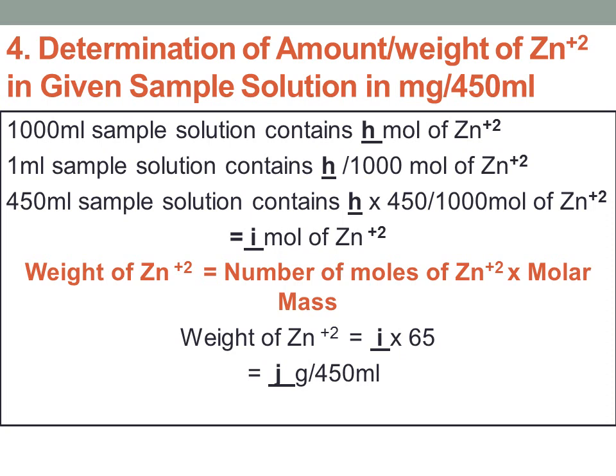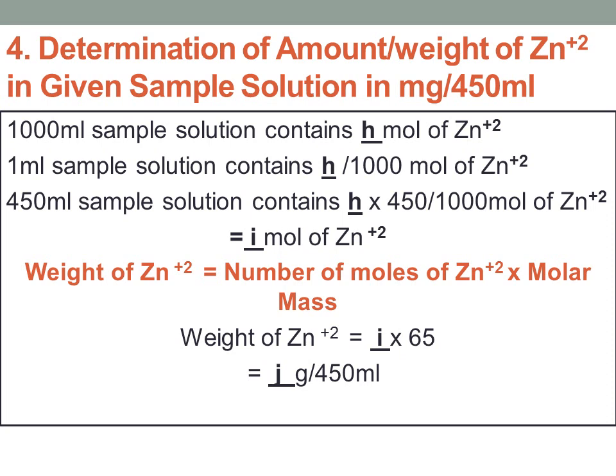Our supposed value for 1000 ml is H mole of zinc plus 2. For 1 ml sample solution we find H divided by 1000, and after that in 450 ml sample solution you can find out by multiplying this H with 450 and dividing it by 1000. So in this way we are getting, suppose, I value, I mole of zinc plus 2. Here we have just converted the volume from 1000 to 450.